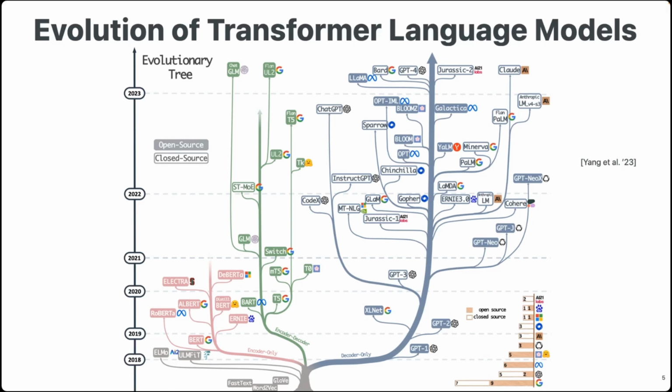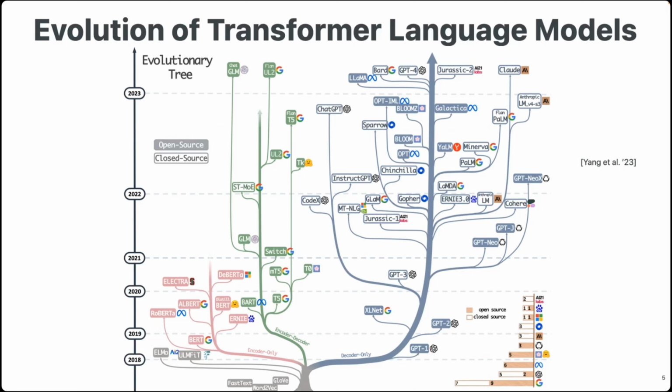What we can observe is that before GPT, decoder-only was not as popular as, say, encoder-decoder models, and encoder-only was really popular because of BERT.